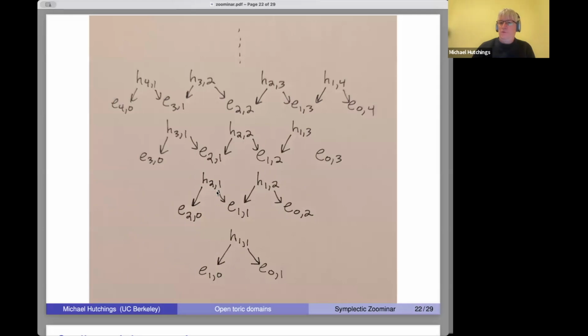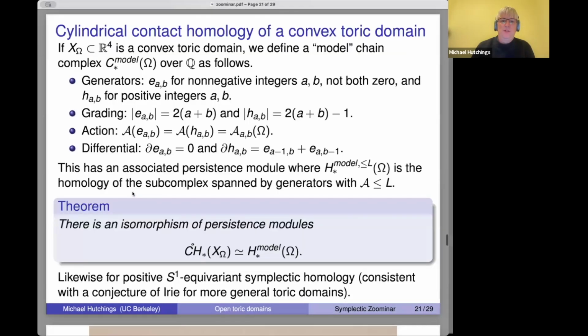The actual coefficients don't matter, because if you look at the graph where the vertices are the generators and there's an edge when there's a non-zero differential between them, this is a union of trees. So you can change the coefficients and you get an isomorphism of chain complexes. So in the differential here, I put these coefficients as 1. In cylindrical contact homology, they're probably something else, but I don't care. I just care that they're non-zero.